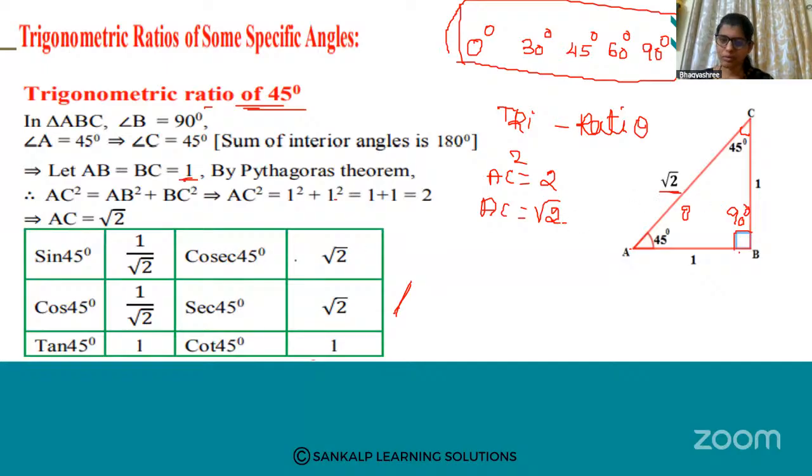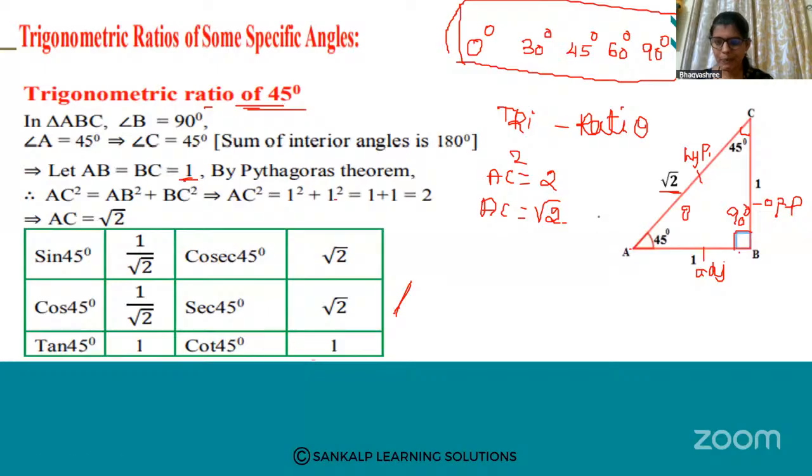Next, sine 45 degree. Let's see all the ratios. Sine theta is opposite divided by hypotenuse. So here it is the opposite side, this one is the adjacent side, and this is the hypotenuse. Sine 45 means opposite divided by hypotenuse.